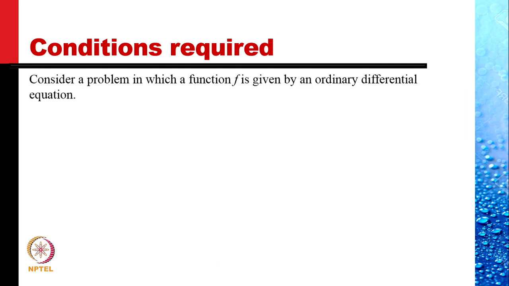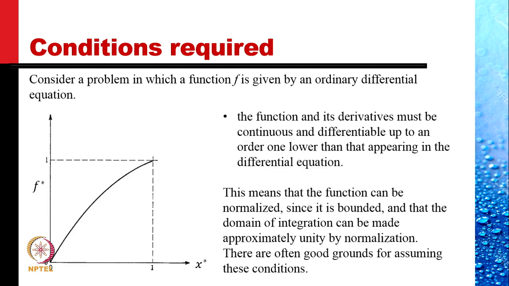Consider a problem in which a function f is given by an ordinary differential equation. If we normalize f and x by their maximum values, we may get a plot of f star and x star like shown here.